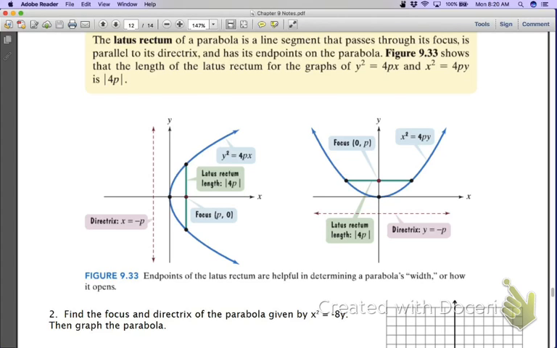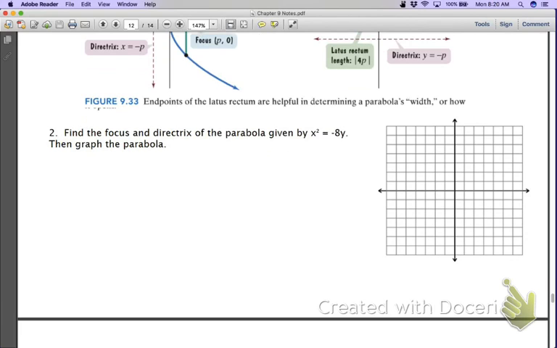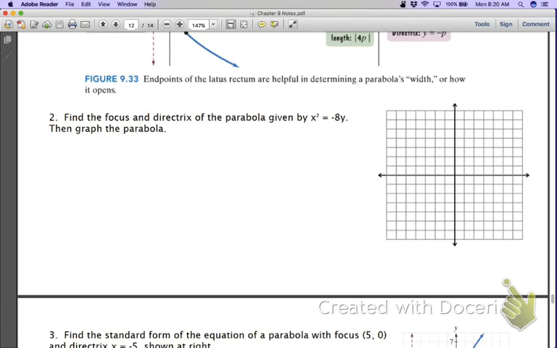So whenever it's basically the width of your point. So if I have, now this one's a little bit different because it's x squared. So if it's x squared and it is negative, so which way, like if we would have graphed this one normally, what would we have done? We would have divided by -8, and we would have had -1/8 x squared equal to y.